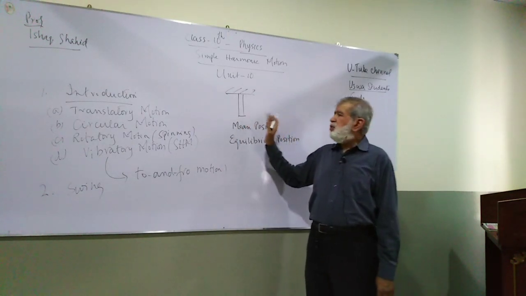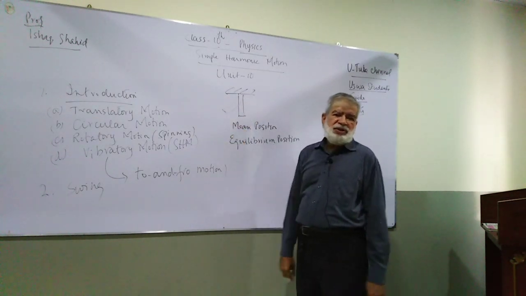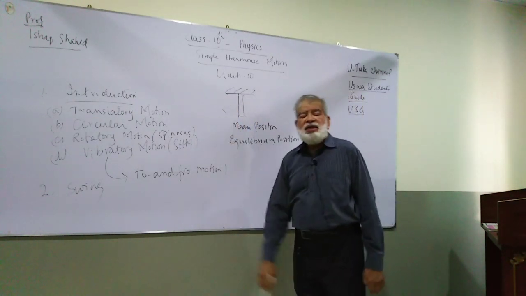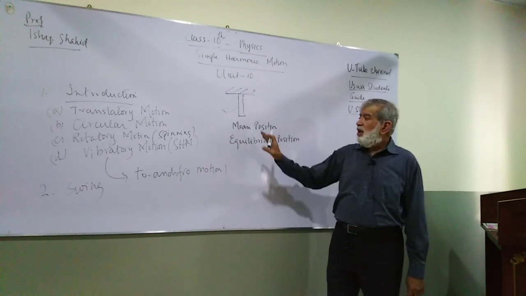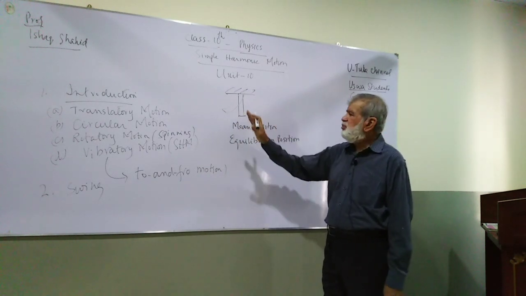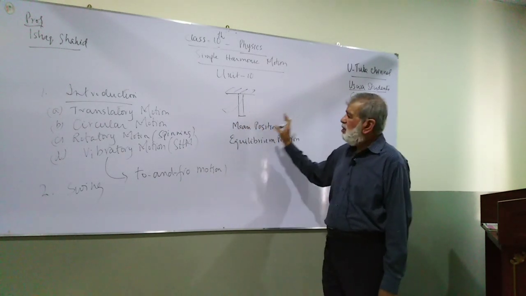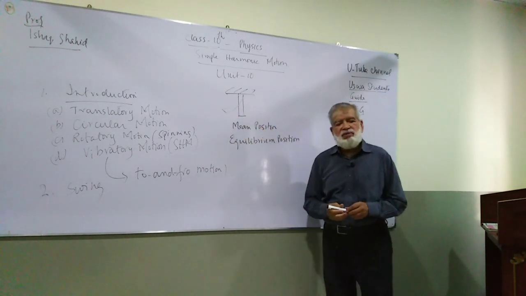When you take the swing to one side, to an extreme position, you move away from the mean position, and then you come back in the reverse direction. You keep swinging around the fixed point, the mean position or the equilibrium position.